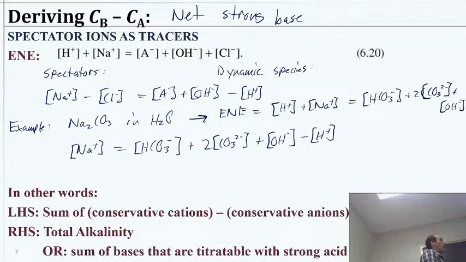You can see how we can arrive at this equation that describes all that active stuff on the right and all the inactive stuff on the left. And that's going to tell us something as a function of pH, which can be very convenient, as you already know. And this is really how we describe alkalinity.